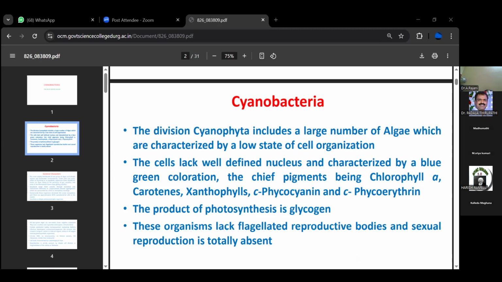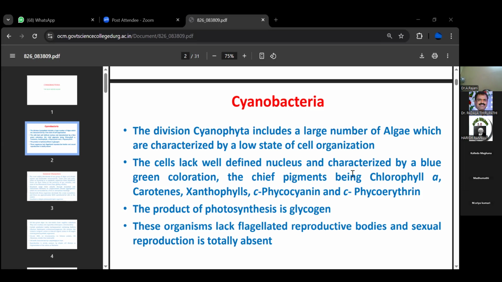Because of this fact, they were among the earliest colonizers of the barren areas also. Many of them have the ability of nitrogen fixation. Many abilities are there in this cyanobacteria.